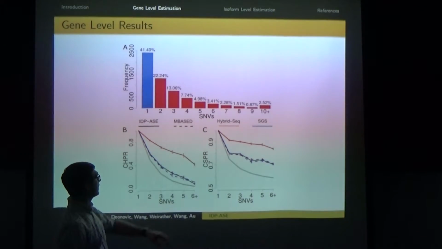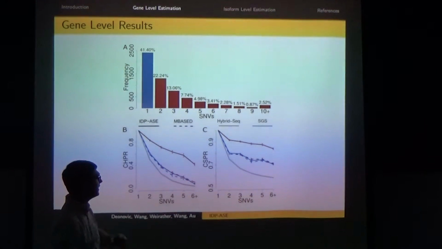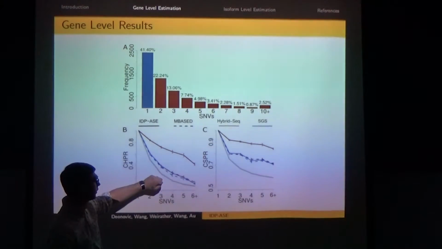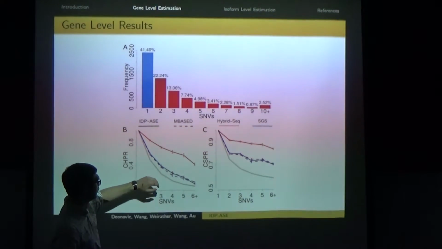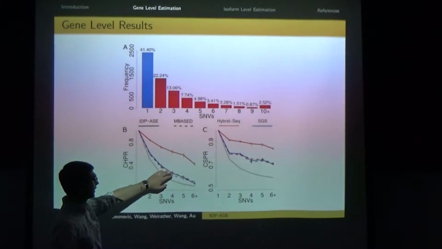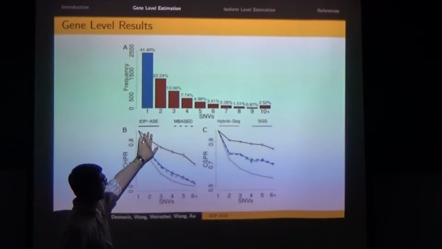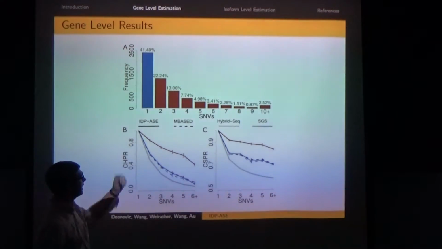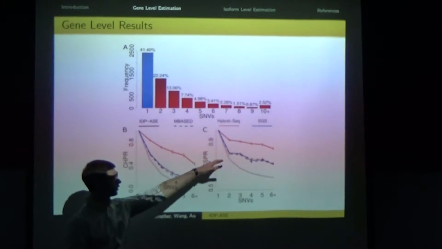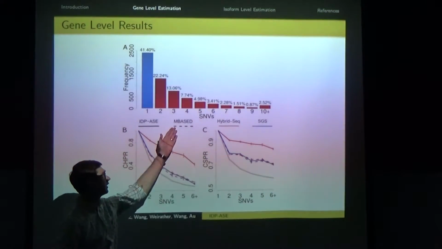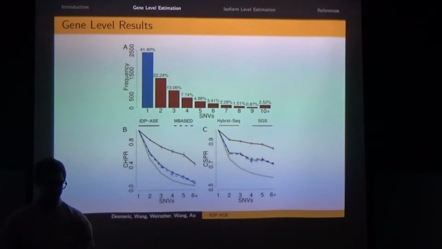Next, we see that IDP-ASE is able to utilize that information from long reads, as we can see from the performance improvement jump from using second-generation sequencing to hybrid sequencing for IDP-ASE. And finally, you'll notice using IDP-ASE, you can also use it with just short-read sequencing data, and it will perform similarly to other methods, such as M-based.